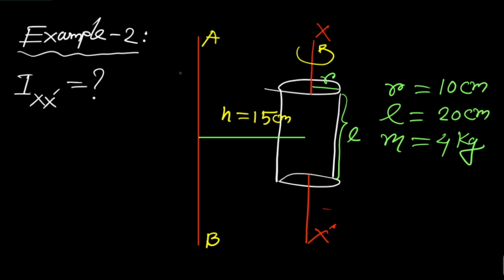Then part D: if the object also rotates around the AB axis, then what will be the change of the moment of inertia? That means the change of moment of inertia.